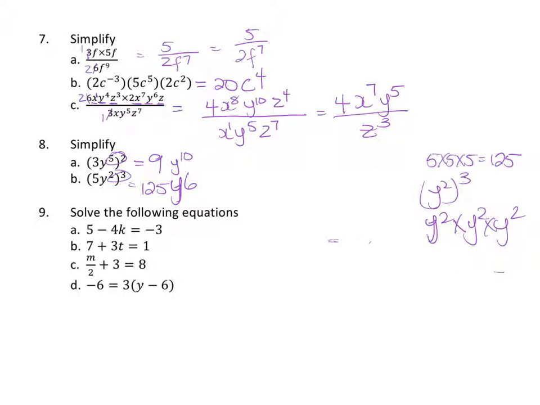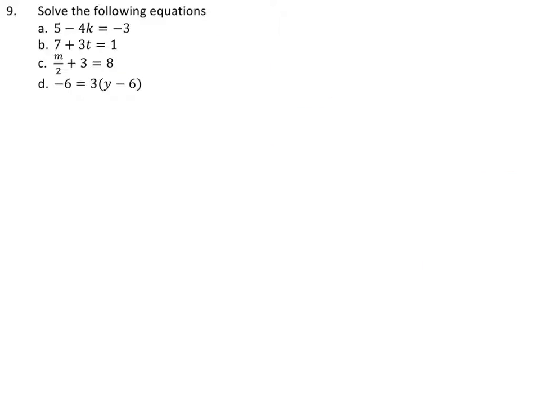Okay, so let's look at number 9. We're going to solve the following equations. From number 9, number 10, 11, and 12, please make sure that your statement is very clear. Okay, 9a.